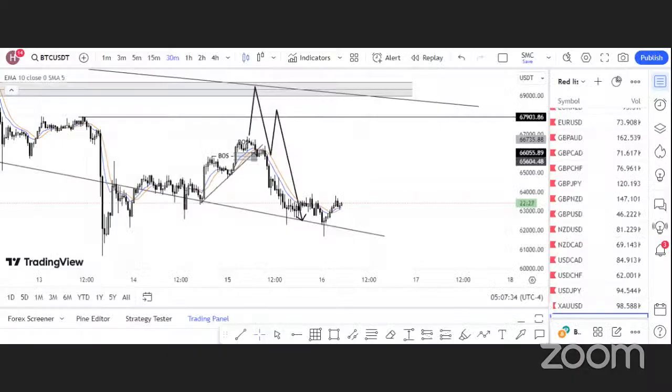Okay, so we are currently on BTC USDT. So let's see what is going on on the BTC USDT instrument.